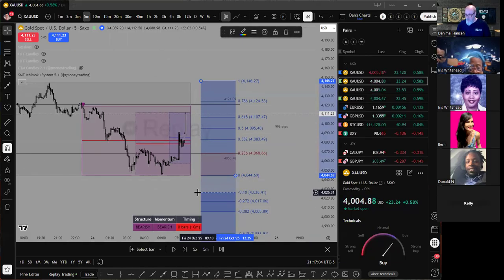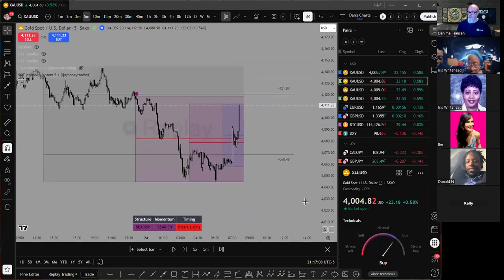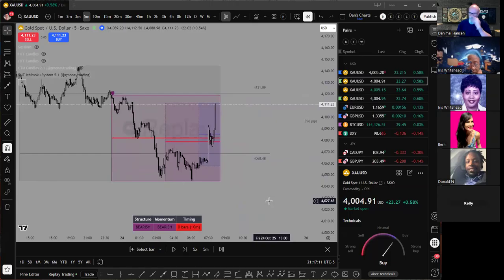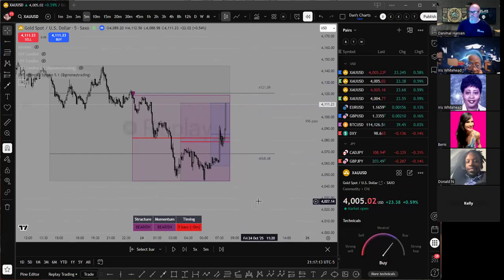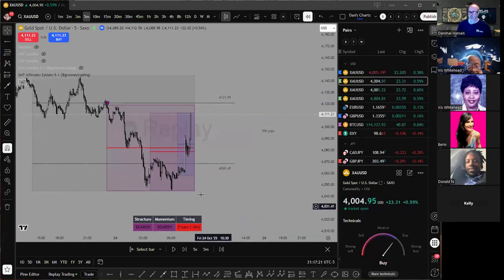So based on this, just what you see here, which one would you fib, the 108 or the 52 box? I'm going with the 52. The 52 box, yeah, which is this box right here, which is cool.